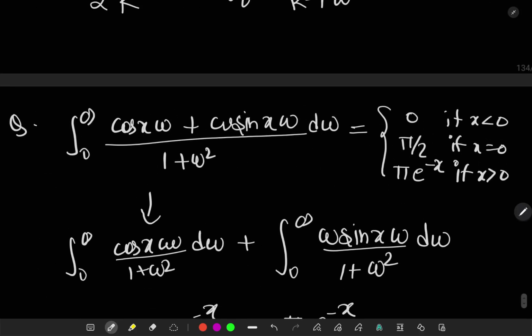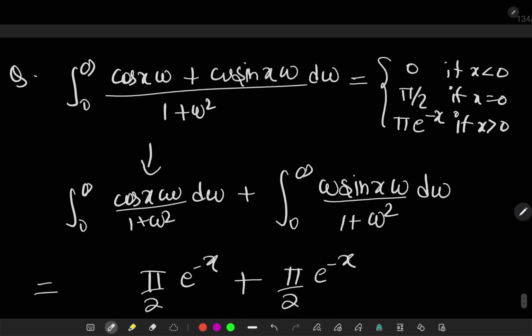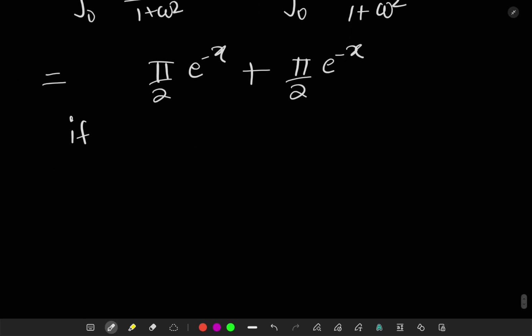Now using these three cases in this question we need to find which value represents the Fourier integral.